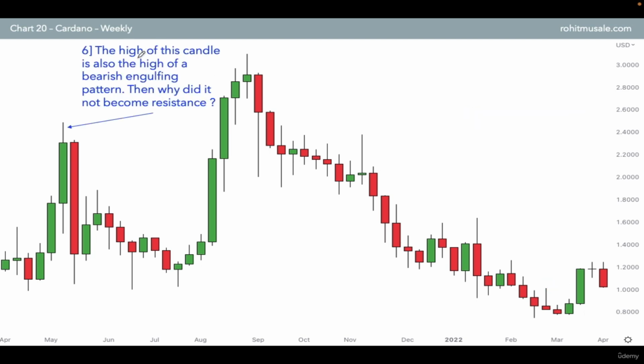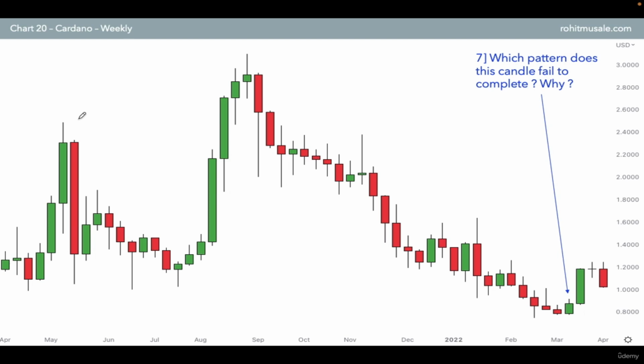Number 6. The high of this candle is also the high of a bearish engulfing pattern. Then why did it not become resistance? So this candle, this green candle. Number 7. Which pattern does this candle fail to complete and why? So this candle.